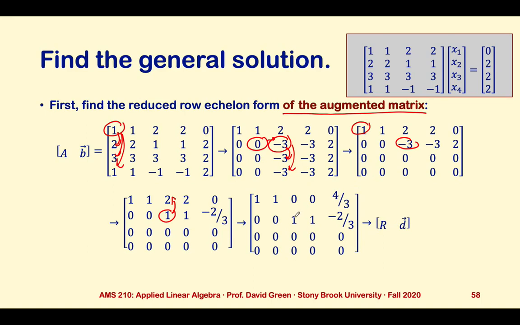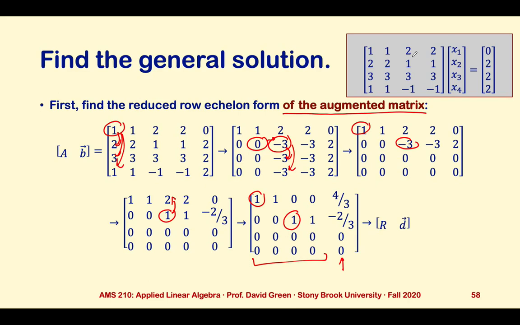This is now our reduced row echelon form. 2 pivots that are 1s in columns of otherwise 0. And remember that this last column is our right-hand side column, whereas the first block corresponded to our coefficient matrix.